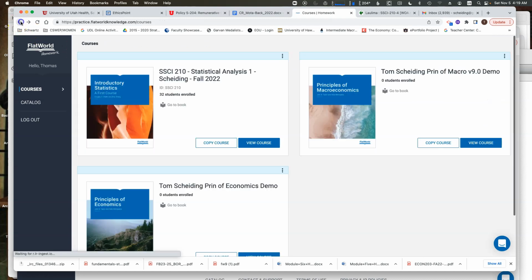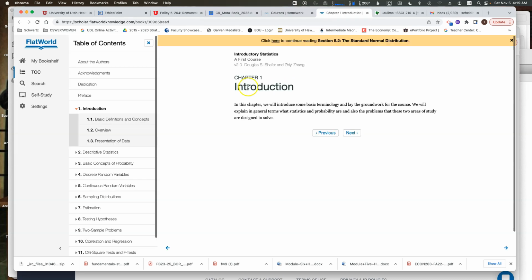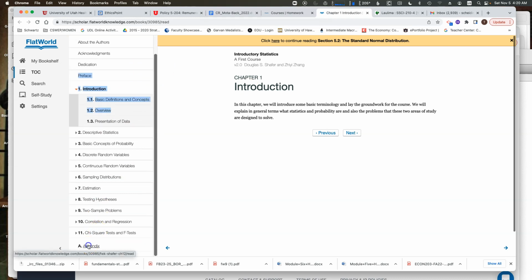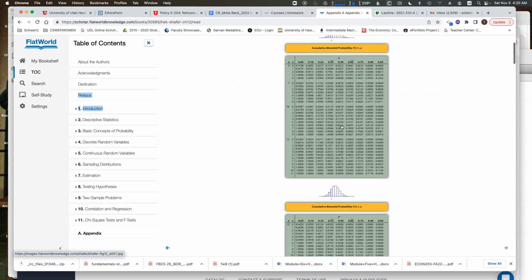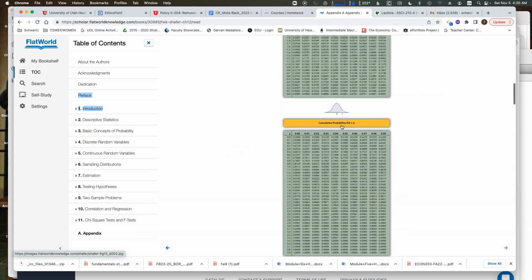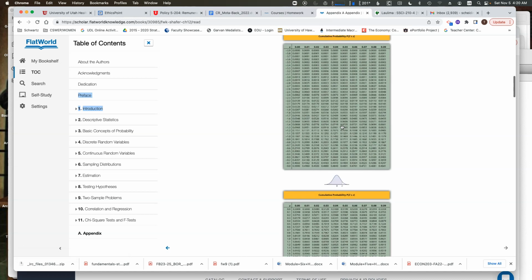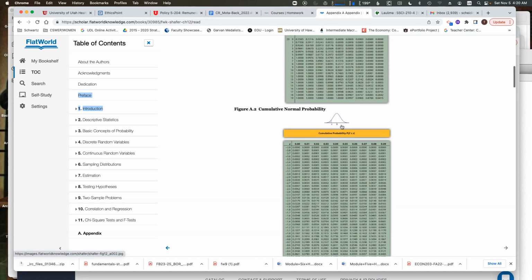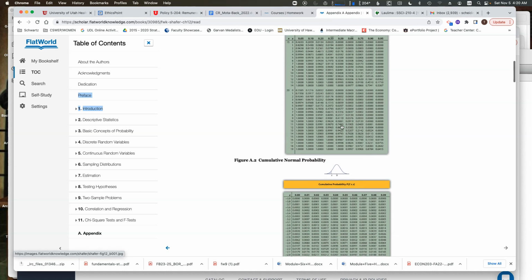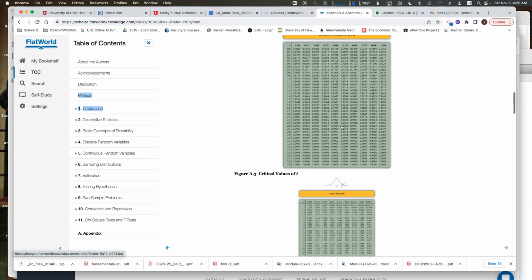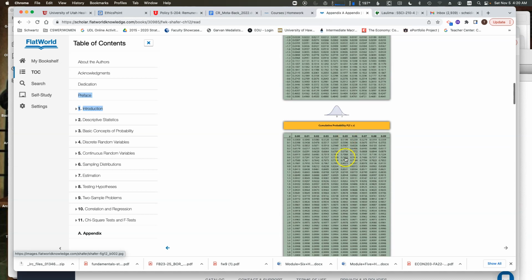Oh, sorry, I saw it right as I was doing that. I want to look at the table in the appendix, and I need my cumulative probability. There we go.